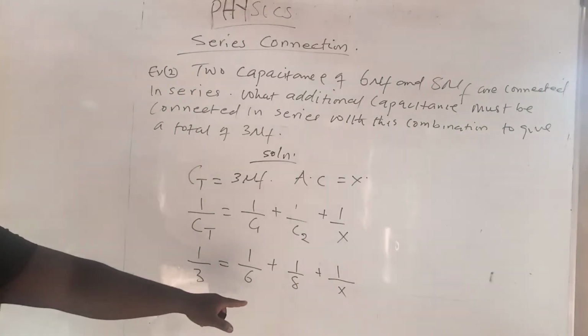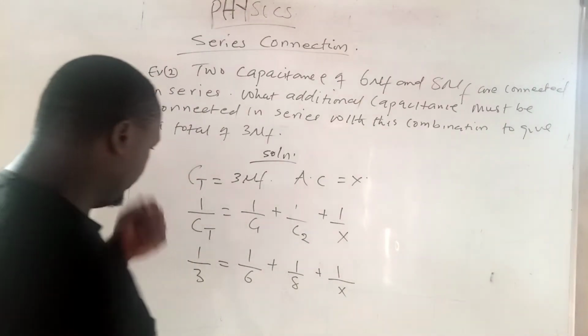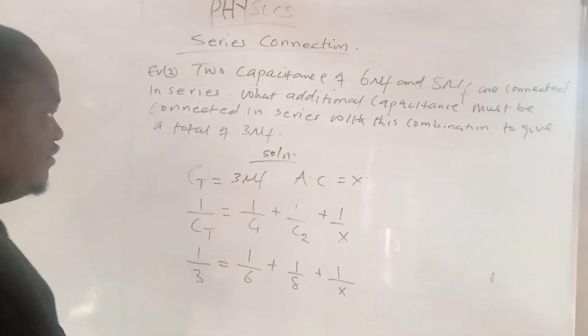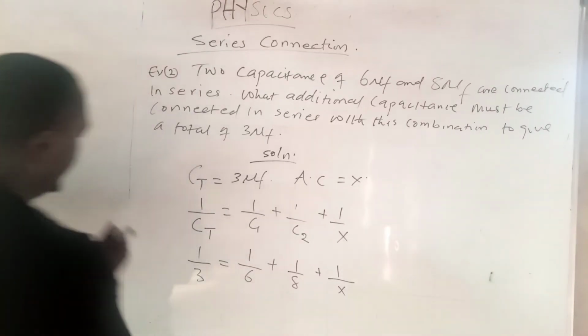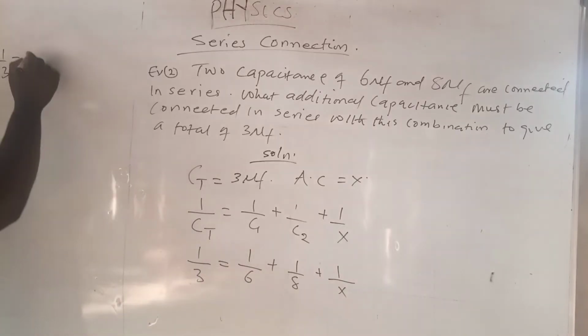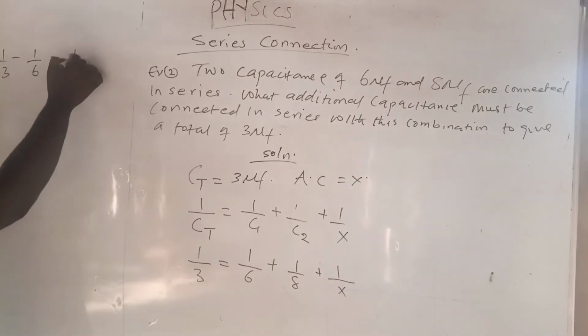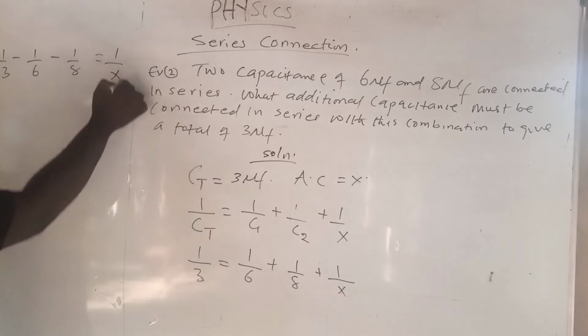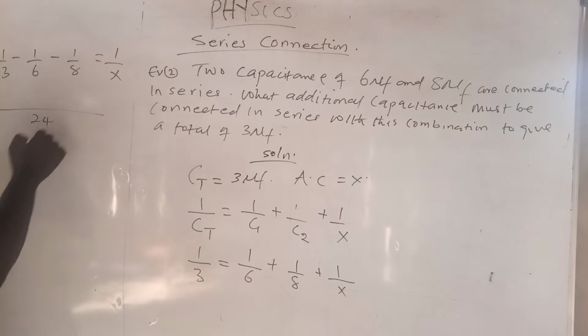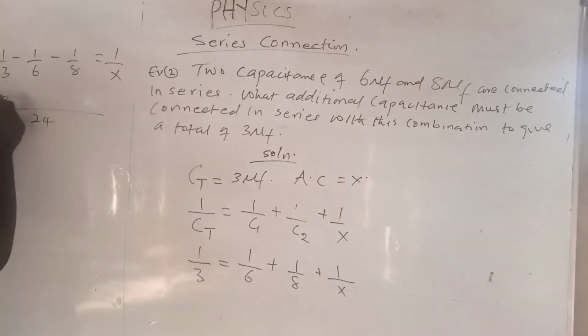Now, from this place, let me collect like terms first. So we have 1 all over 3, minus 1 all over 6, minus 1 all over 8, equals 1 all over X, since the terms cross the equality sign. The LCM between these three numbers is 24. 3 will go into 24, 8 times, and 8 times 1 is 8. Minus 1 all over 6, which goes into 24 4 times, and 4 times 1 is 4.